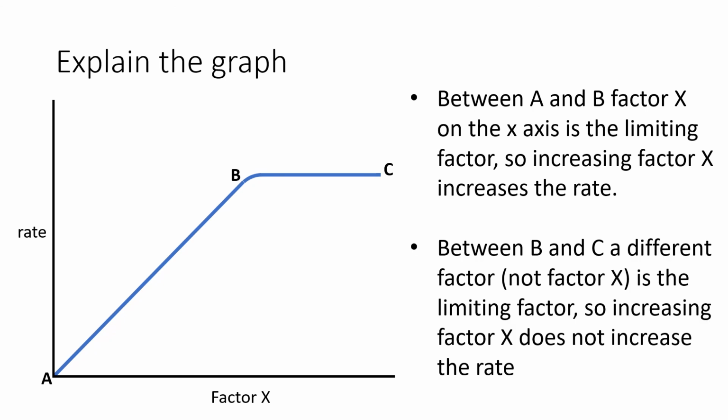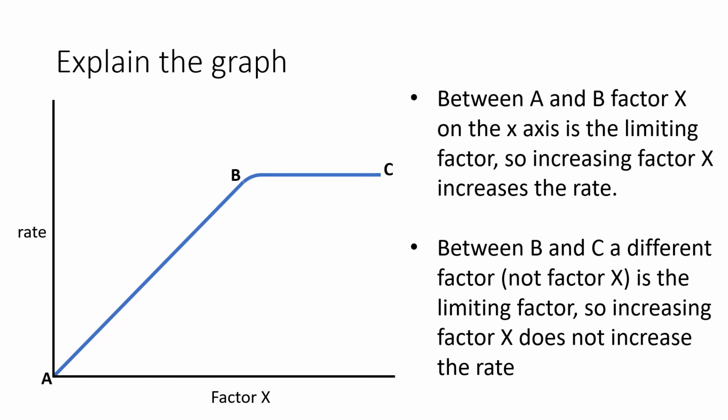Between B and C, we have increased factor X to such a high point that we have lots and lots of it now, which means we have run out of one of the other 3 factors that can affect the rate of photosynthesis. So for example, if factor X was carbon dioxide concentration, between A and B, we have lots of everything else, but a limited amount of carbon dioxide concentration.